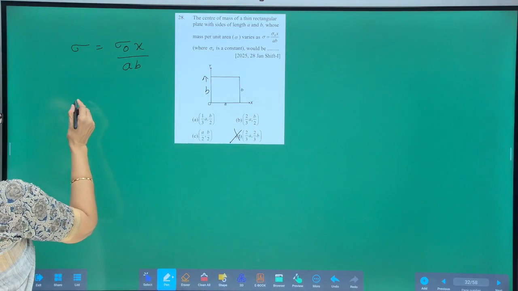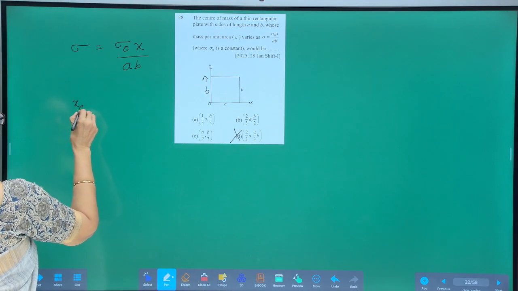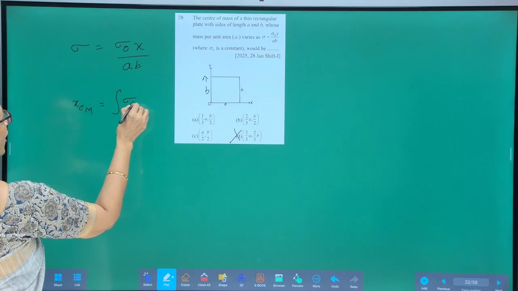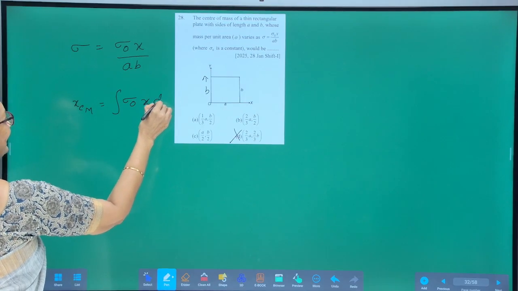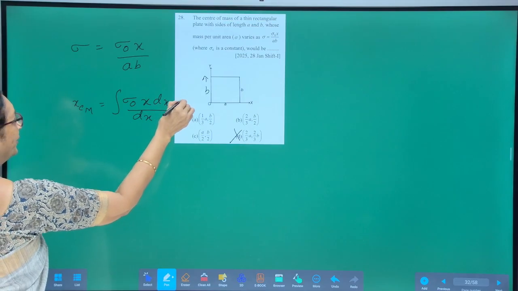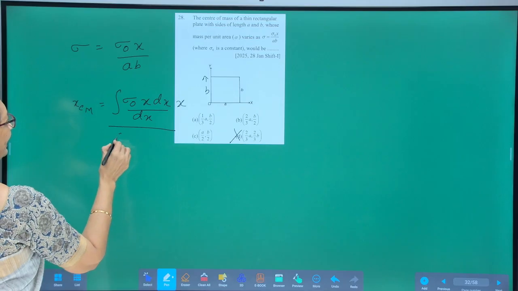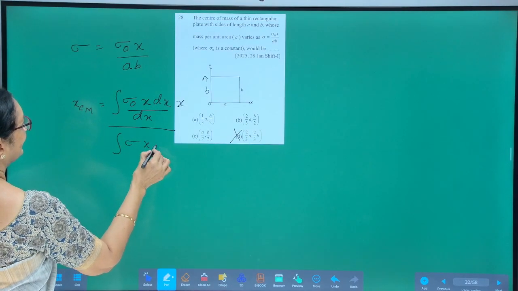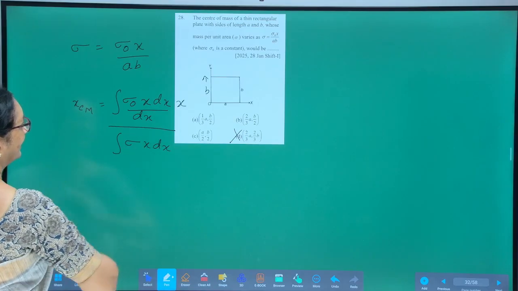So, here xcm is equal to integral of sigma naught x dx by AB into x divided by integral sigma x dx, right.